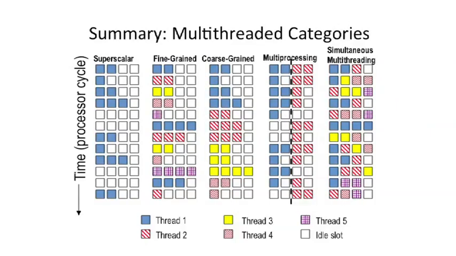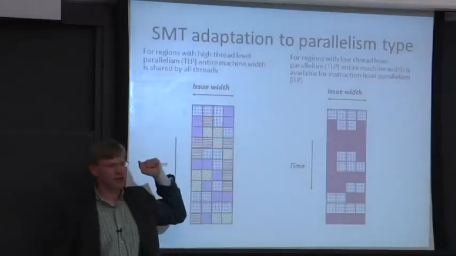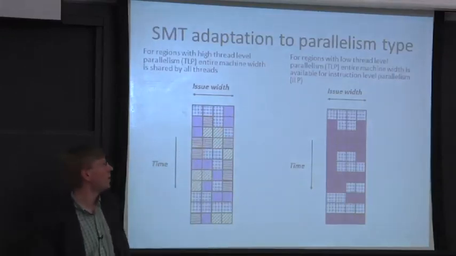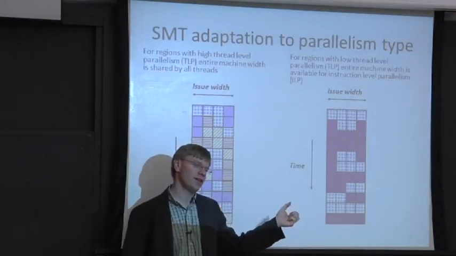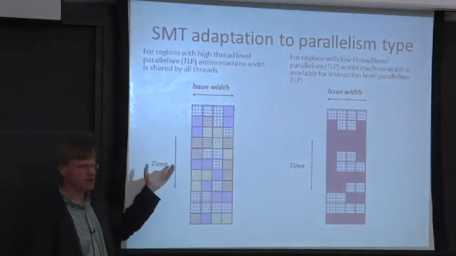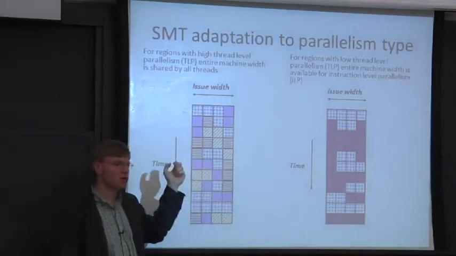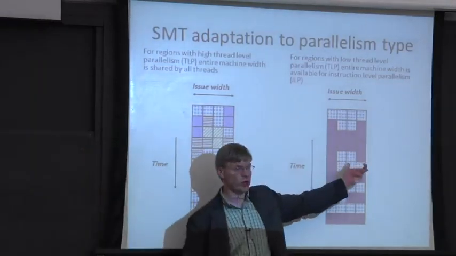So we talked about this last time, and one of the things that came up was how do you go about getting at parallelism? If you have thread-level parallelism, you can mix and match different instruction slots from different threads and get parallelism that way. And one of the great things about actual simultaneous multi-threading is that if you have a fast superscalar machine, you could think about reducing the number of threads if you don't have enough thread-level parallelism and actually go after instruction-level parallelism.